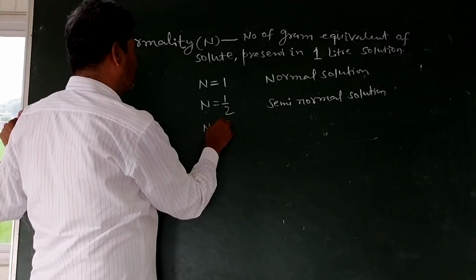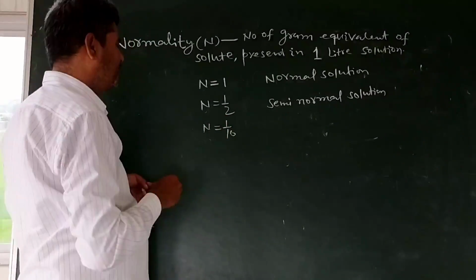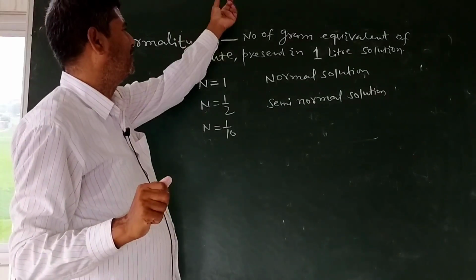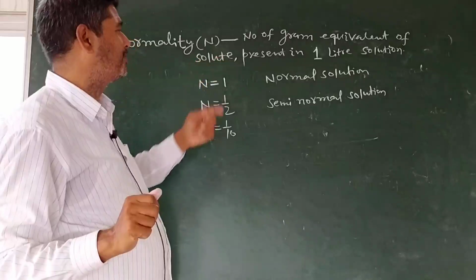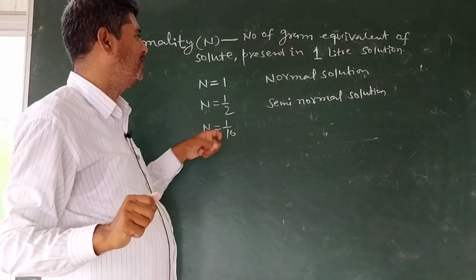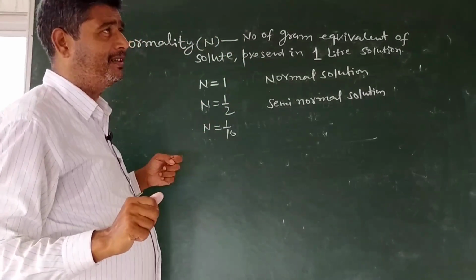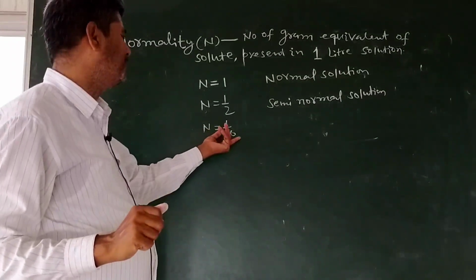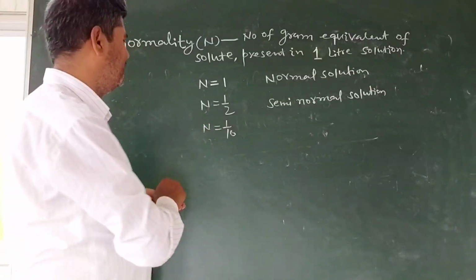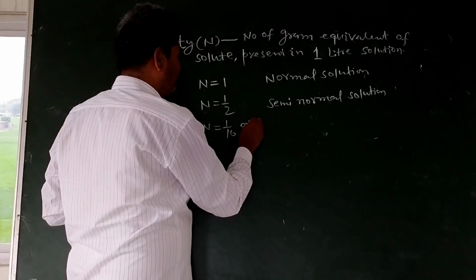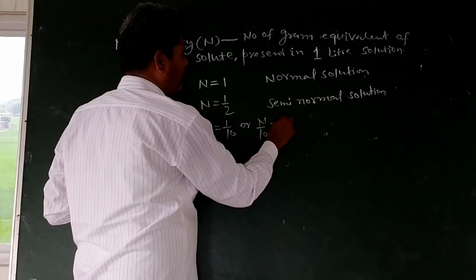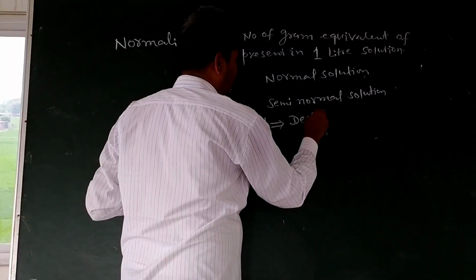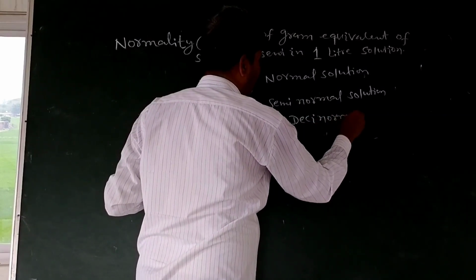If normality is 1/10, it means when 1/10 part of gram equivalent of the required solute is dissolved in 1 liter solution, then normality would be equal to N by 10. So if normality is 1 by 10 or N by 10, it implies decinormal solution.